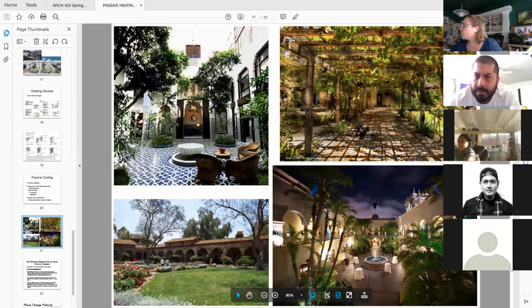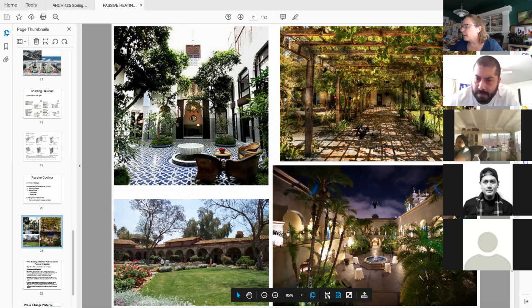This is a shaded arbor, creating an outdoor space that's shaded. I believe the lower left picture here is the Mission at San Juan Capistrano. I'm almost positive.